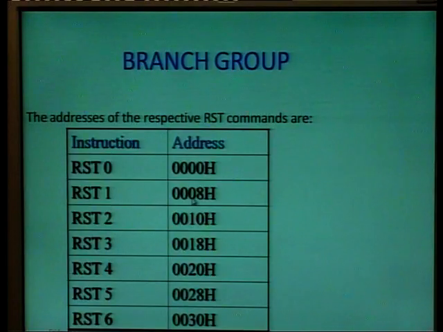For RST 1 it will be 0008H and so on. These addresses are found by multiplying the number given in the RST, that is 0, 1, 2, 3, 4, 7, by 8 and converting into hexadecimal form, which gives us the address of the corresponding memory location.